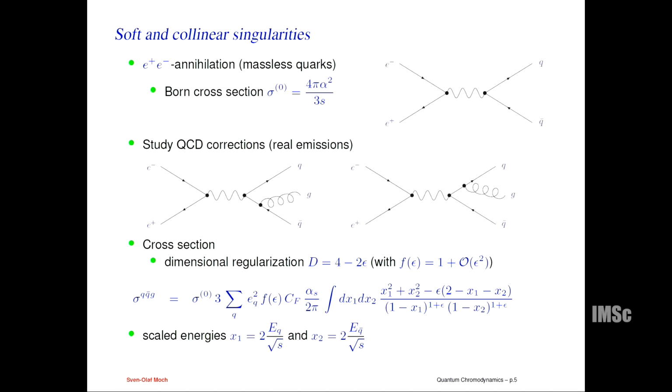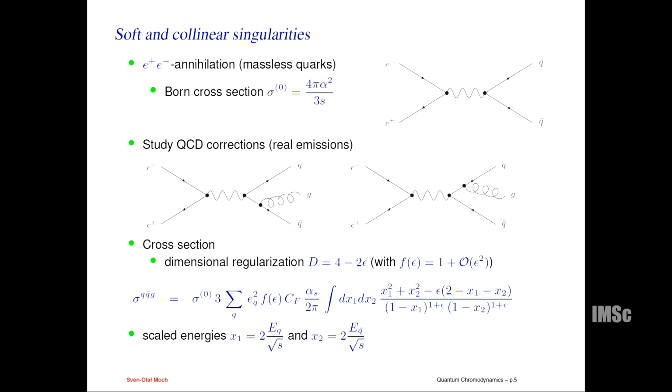If you write this down, you would typically start with scalar products of the associated momenta, and you integrate over some of the angles of the phase space. In the end, you can express everything in a compact form as a two-dimensional integral, where you write the squared amplitude and the phase space integration in terms of the scaled energies of the outgoing quark and antiquark, which I denote by x1 and x2.